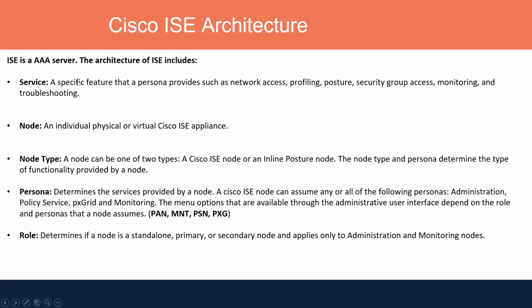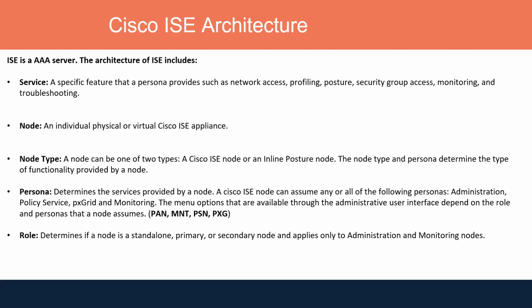As I told you earlier, Cisco ICE can act as a AAA server, which stands for authentication, authorization, and accounting. It can provide authentication to the user and authorization to the user.